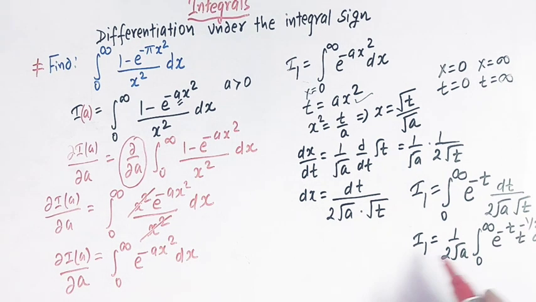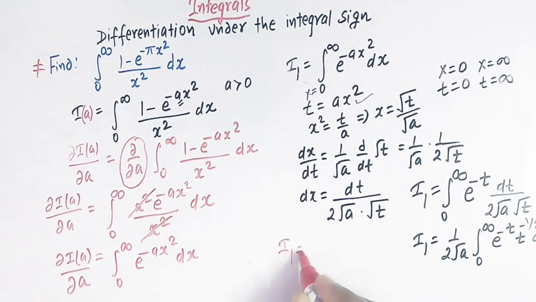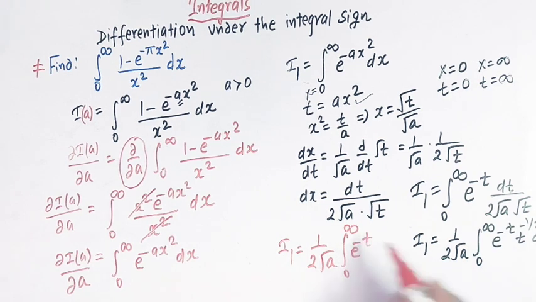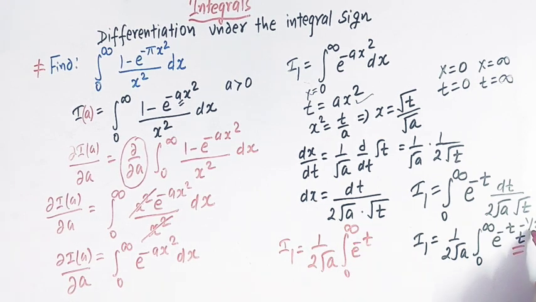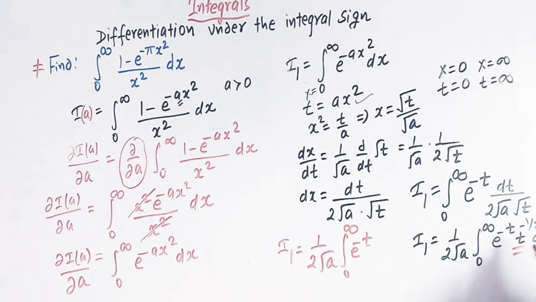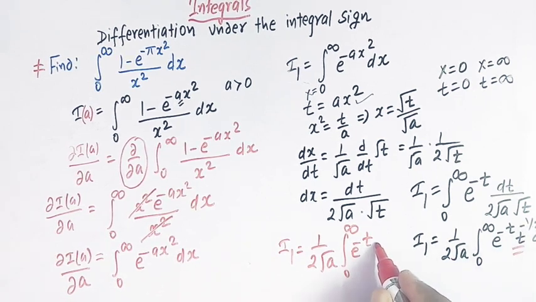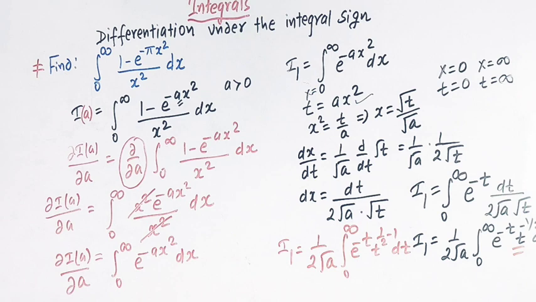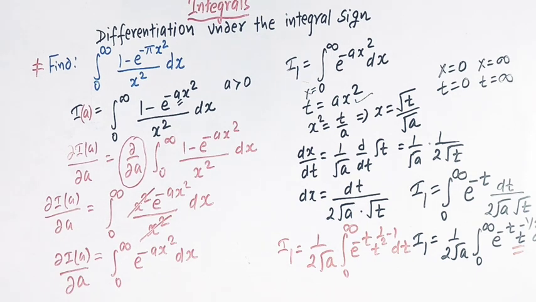So now we can write this integral I1 as 1 over 2 root a, and here we have 0 to infinity e raised to minus t, and here we have t raised to minus half. And t raised to minus half can be written as t raised to half minus 1, so that we can convert this integral into the gamma function.